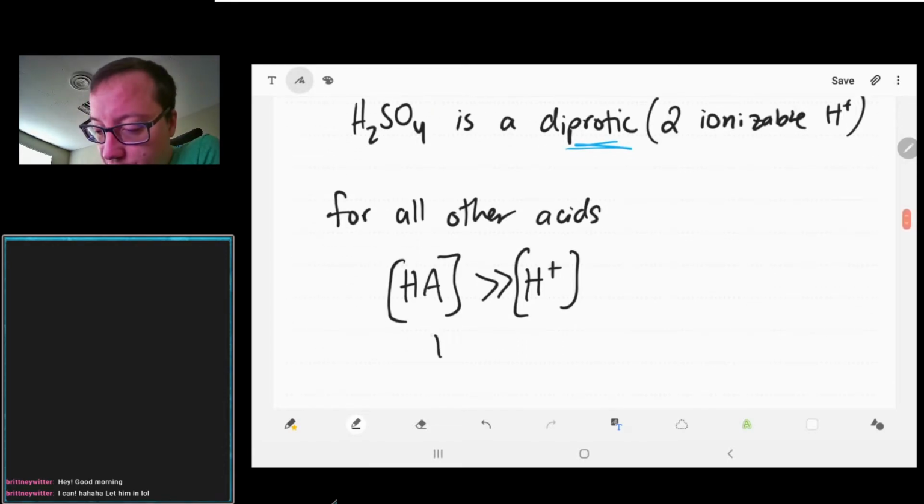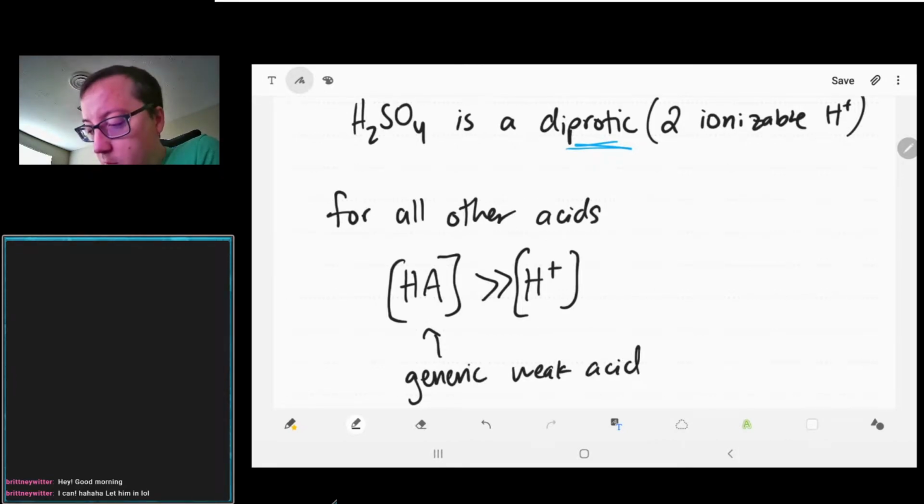So this is just a generic acid. For whatever generic weak acid you have, whether that's carbonic acid or acetic acid or oxalic acid, you'll not be able to figure out the concentration of your H plus. So we just know that it's going to be much less than your concentration of your acid.